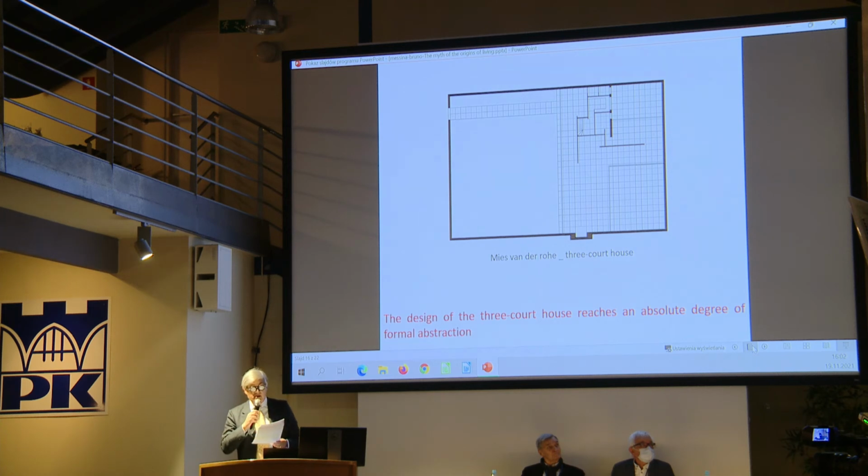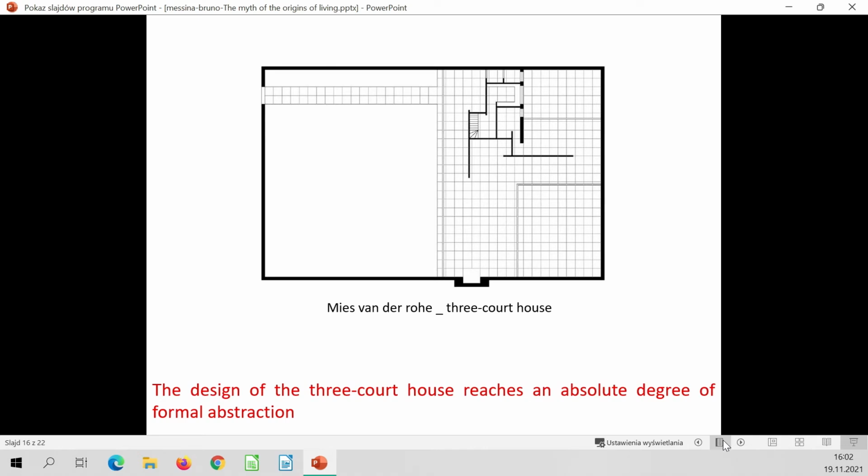The interest in original forms of living characterizes the research of other masters of the 20th century, Mies van der Rohe among them.